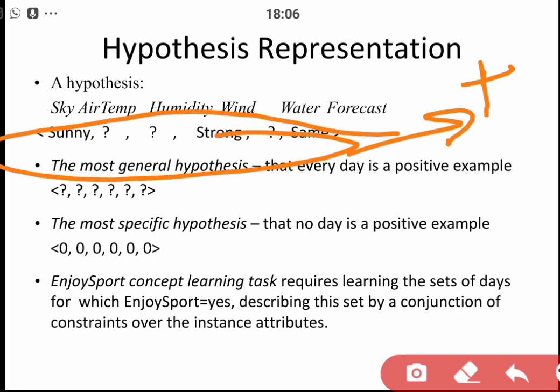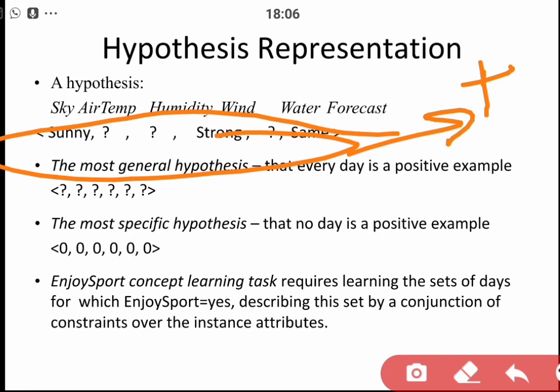Of course, for sky, I could have a number of values possible. For example, I could have sunny, I could have rainy, one more possibility could be there. Similarly, for temperature it could be high, normal, humidity also. For wind we could have some more values. So for each of the attributes, a number of values are possible, and based upon those values I could have a number of combinations possible, and all those combinations make your hypothesis space in our concept learning.